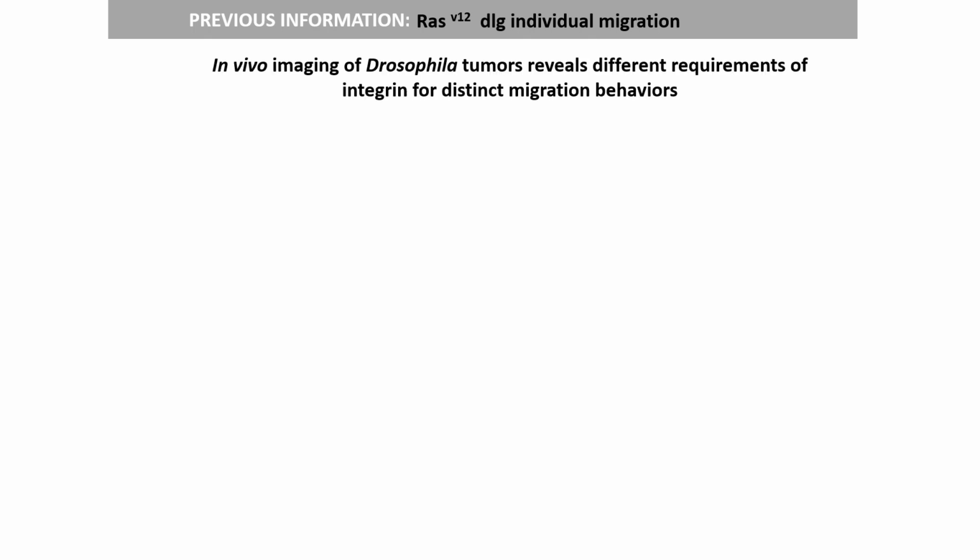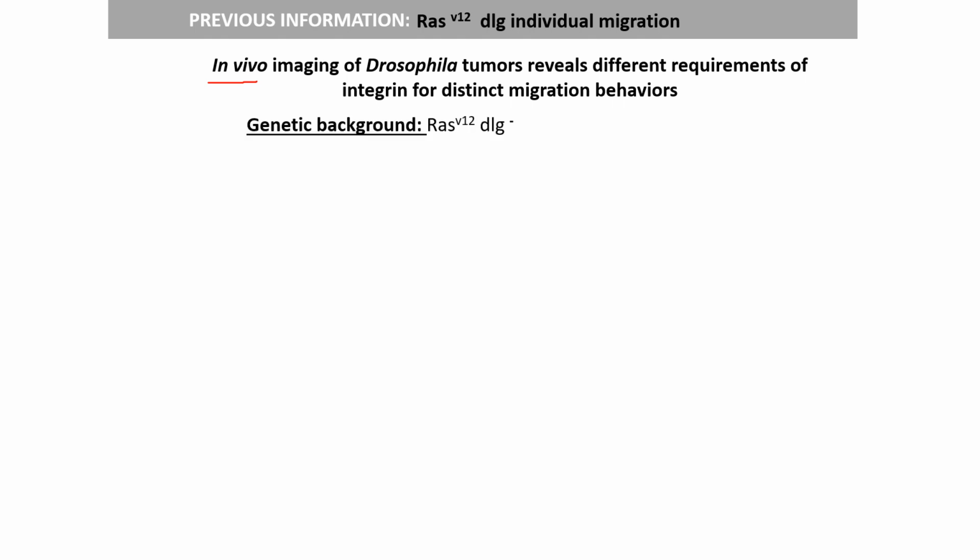Previously, in the lab where I was working, they were trying to study this in vivo. There were a lot of ex vivo studies, but with Drosophila we have so many genetic tools that they said maybe we can do it.